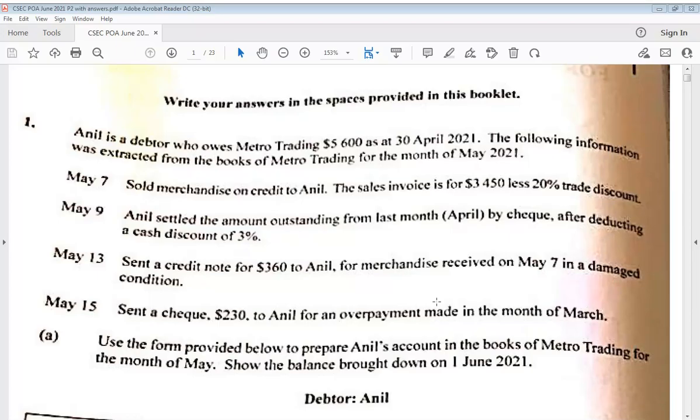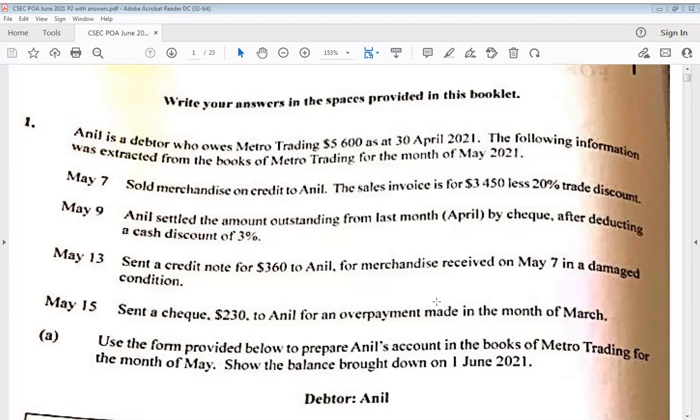Now, moving on to May 9, it says Anil settled the amount outstanding from last month of April by check after deducting a cash discount of 3%. So what do we notice here? Well, first of all, if he got a cash discount, we know that this would represent discount allowed. Now, because it was actually a reduction that he got, and it says that he paid by check, that we know represents bank.